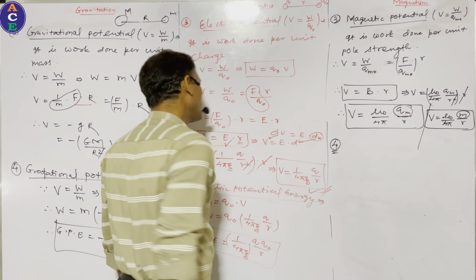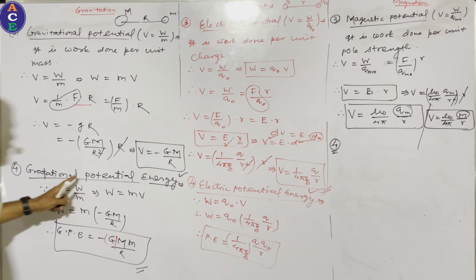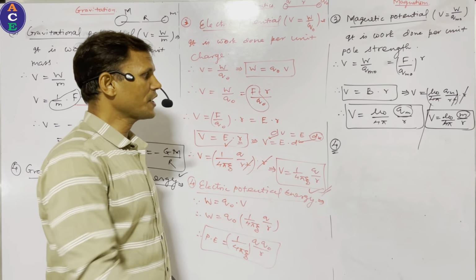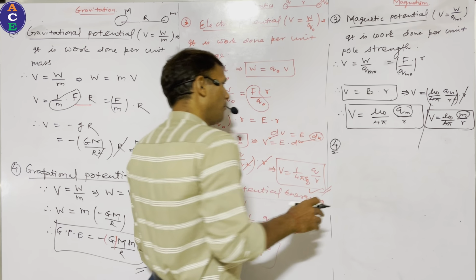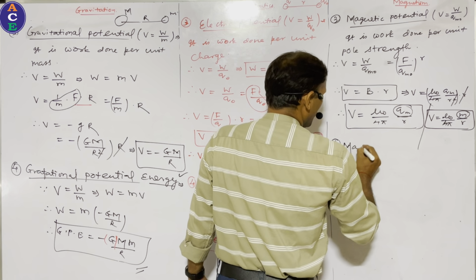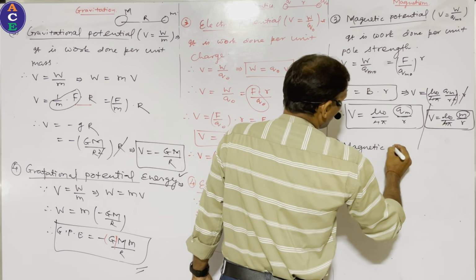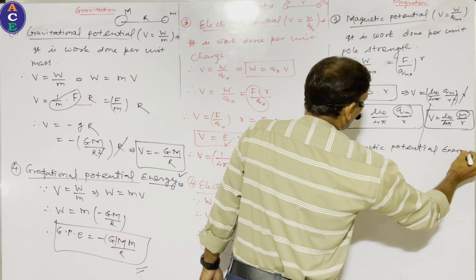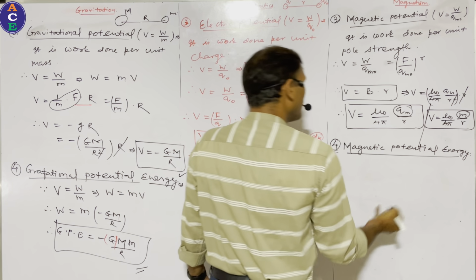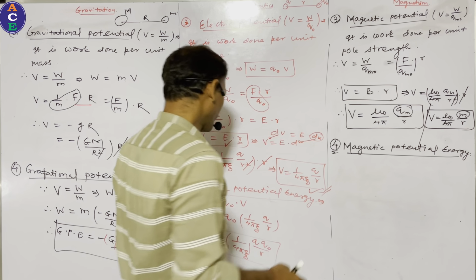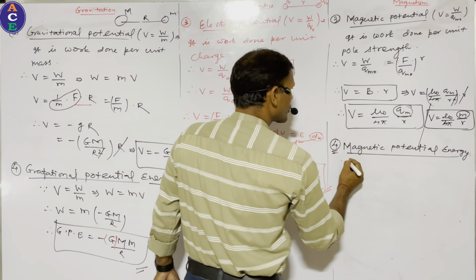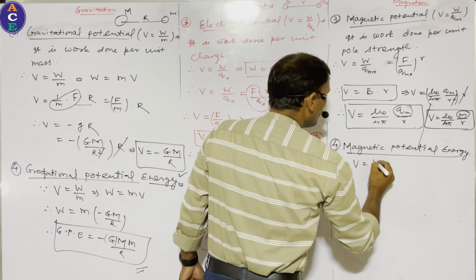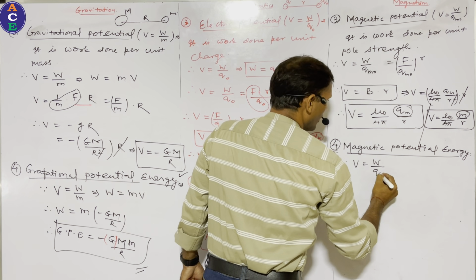Now the next term, the fourth one. What was here? Gravitational potential energy, then electric potential energy, and now next will be magnetic potential energy. What will magnetic potential energy be? Again, it is a form of work done. So we have studied that V is W by Qm naught.